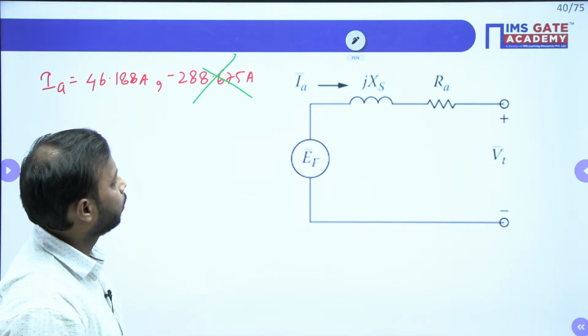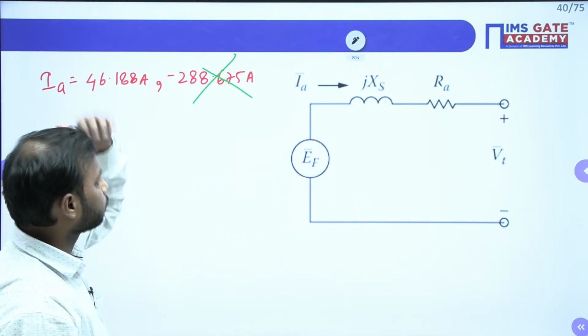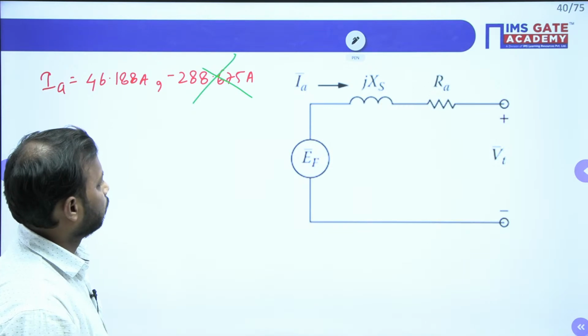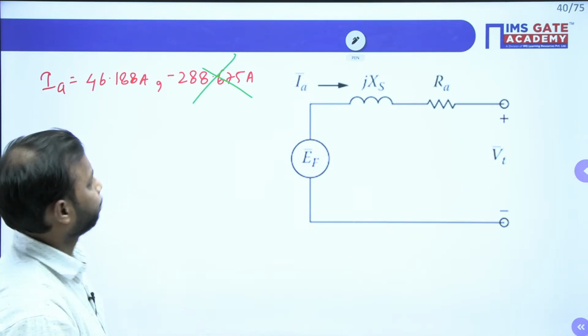Now we need to find this XS value. How will we calculate, guys? Okay.